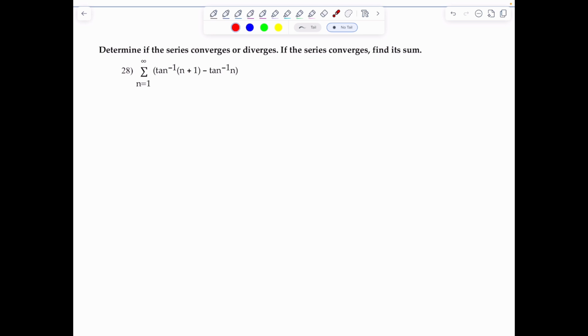Good. So S sub n is going to be the sum i equals 1 to n of tan inverse of i plus 1 minus tan inverse of i. Now notice, these are just one apart, so we should have one survivor in the beginning, one survivor at the end. Not as nasty as the other ones. So i equals 1, let's start with that.